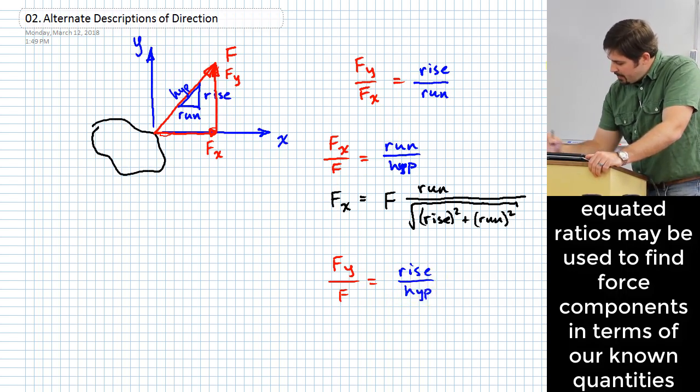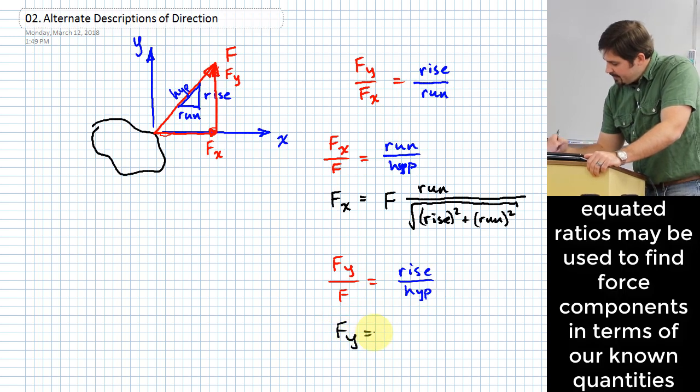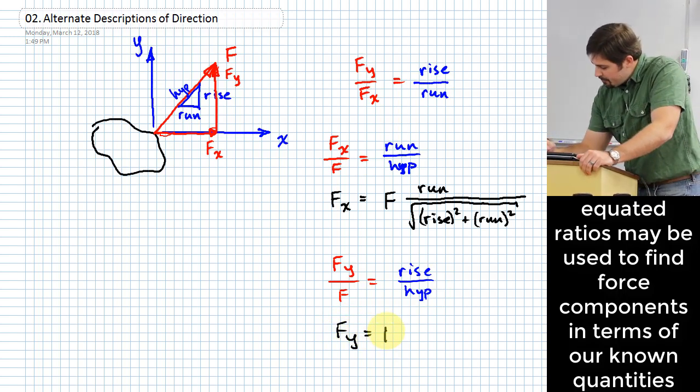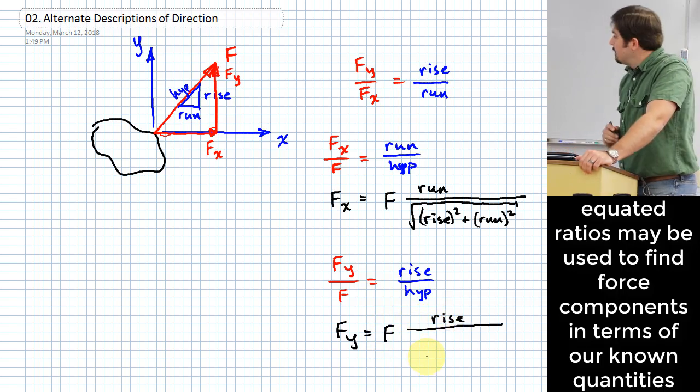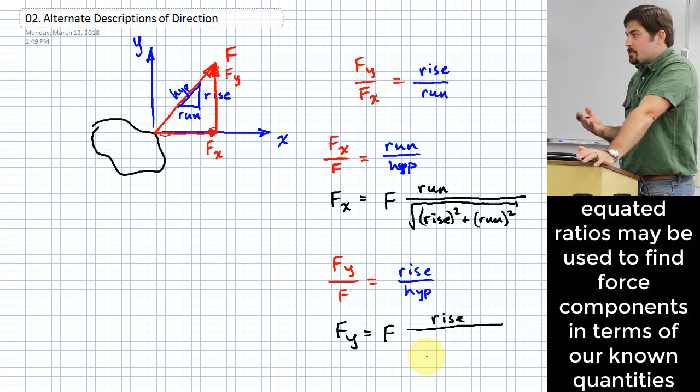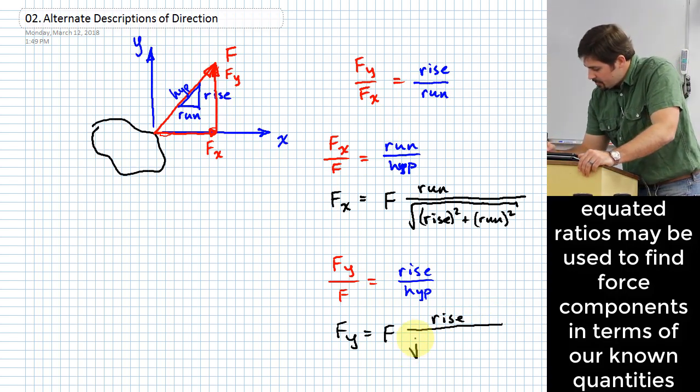That tells me Fy is going to be equal to F times the rise over, still the hypotenuse, it's no different as far as that's concerned. So you still have the square root of the rise squared plus the run squared.